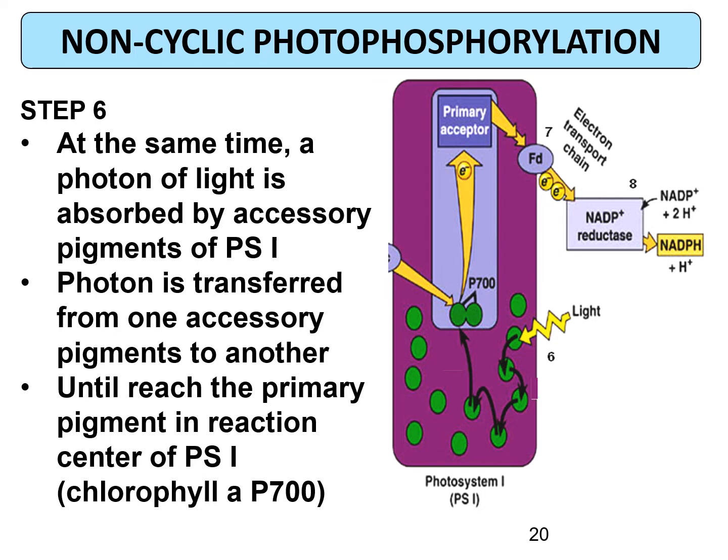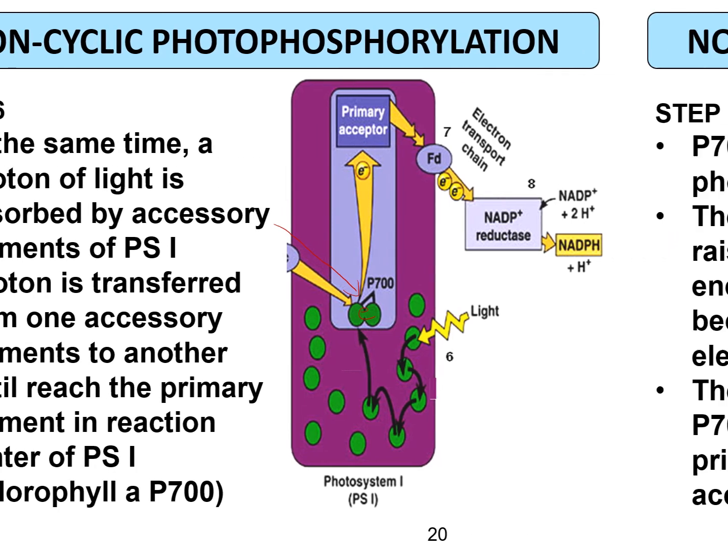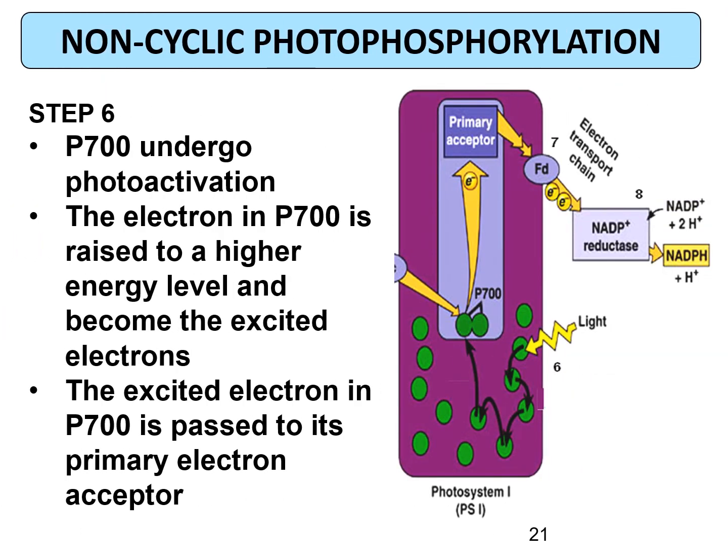So an electron from the P700 will be excited to the primary electron acceptor. Then the P700 will have electron deficiency, so the electron from PS2 will replace the electron lost in the P700.